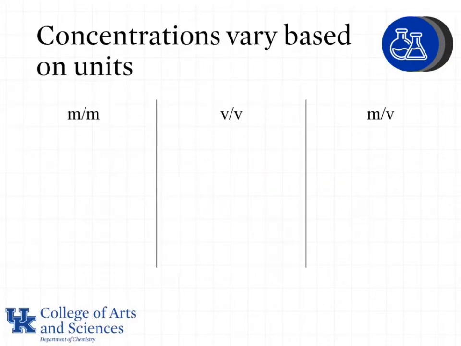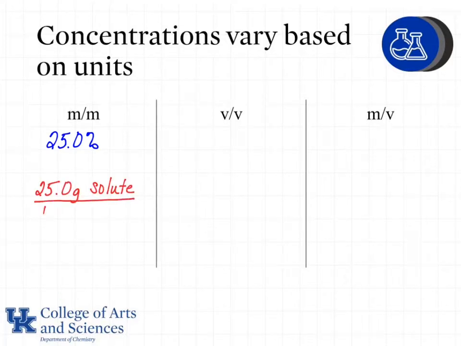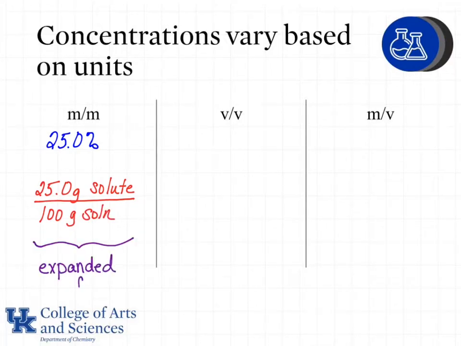Let's compare the different values we got for each type of percent concentration. For by mass, we got 25%, and we can actually rewrite that as 25 grams of solute over 100 grams of solution. This is what the expanded form looks like for mass percentages. For percent by volume, we got 29.6%.